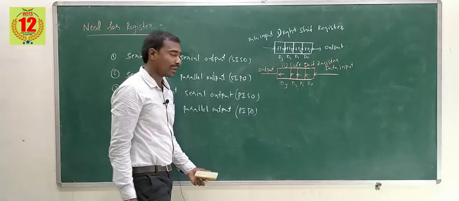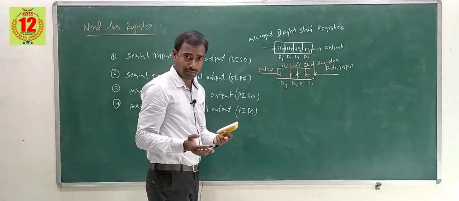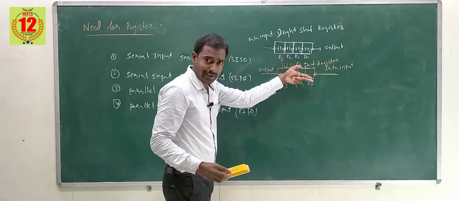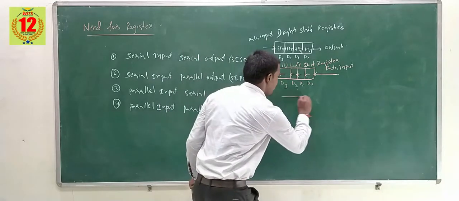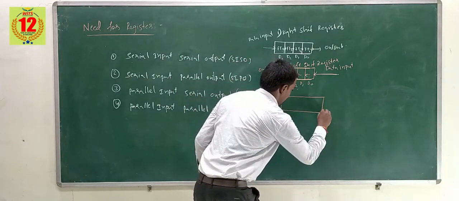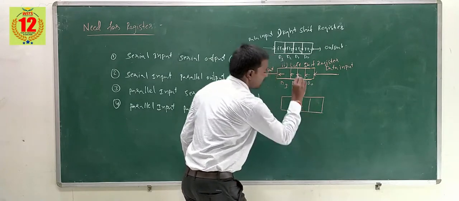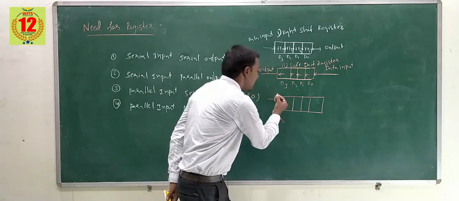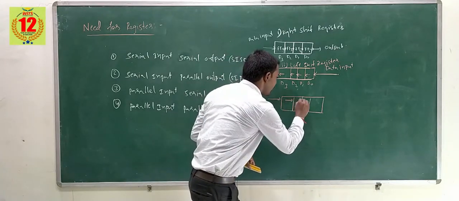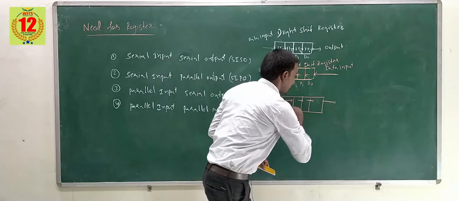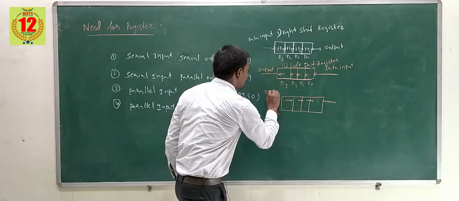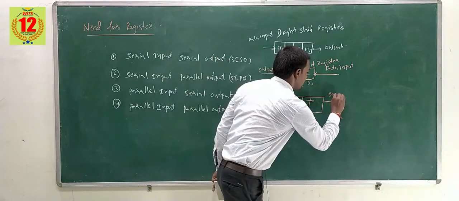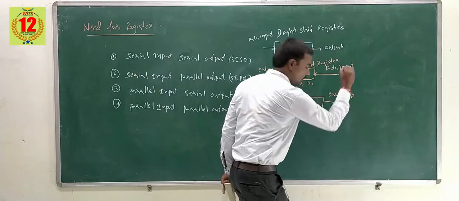And again, one more example we have, that is bidirectional. Bidirectional means the data is transmitting in both directions. Coming to this example, here again I am taking a 4-bit register, and here the data is shifting to the right side, and this is serial input, and this is serial output.